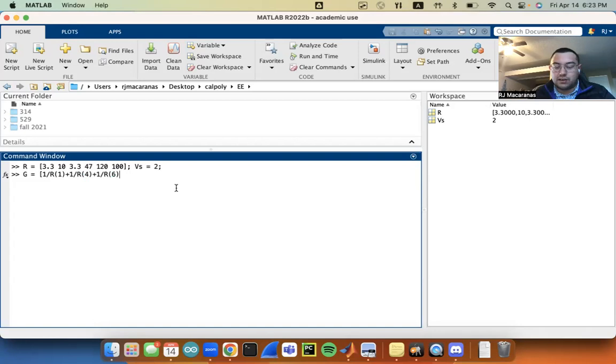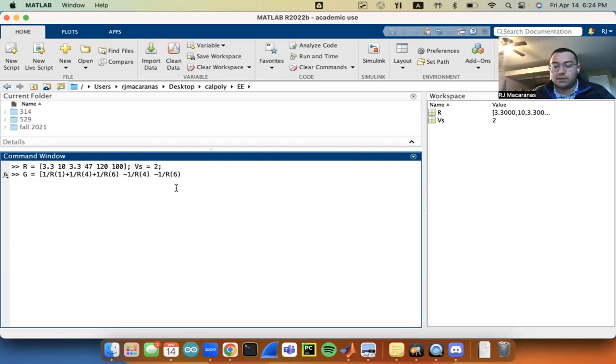To get the next entry in the first row, we go into the next column, so minus 1 by R4. To go to the next entry, you just do a space, and minus 1 by R6.